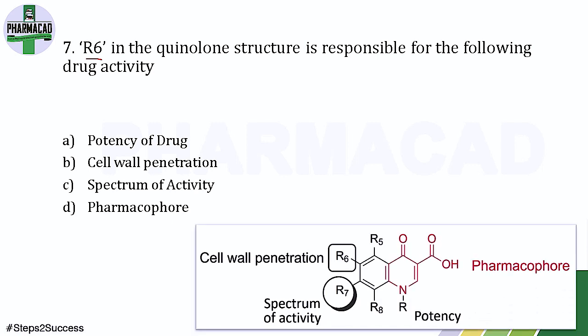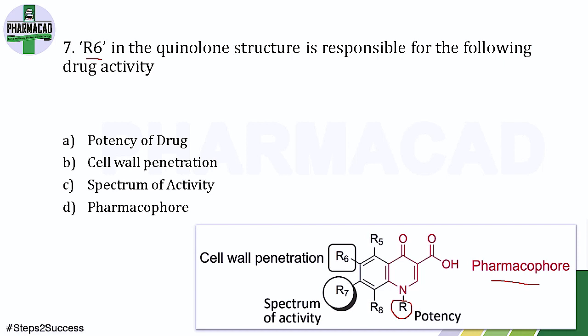Now let's see. This is the major general structure for quinolones. As you can see, the nitrogen containing ring is the pharmacophore. Then the substituent at the first nitrogen, this R, is responsible for the potency of the drug.